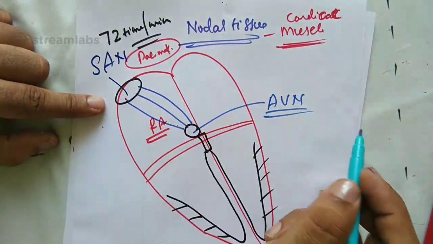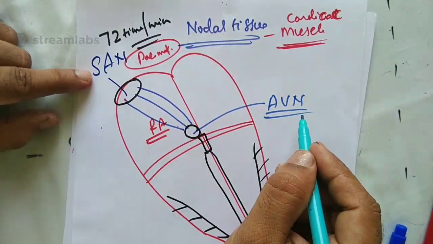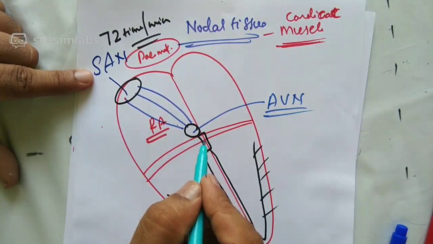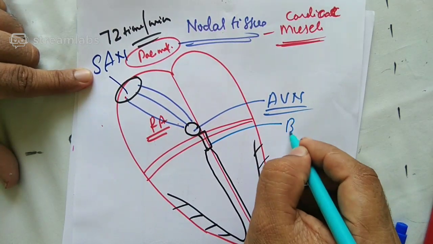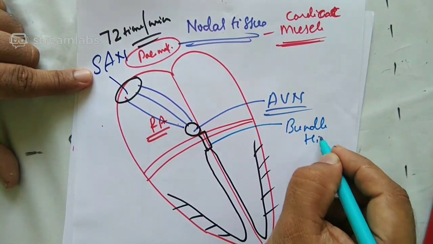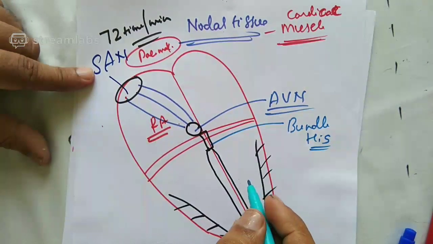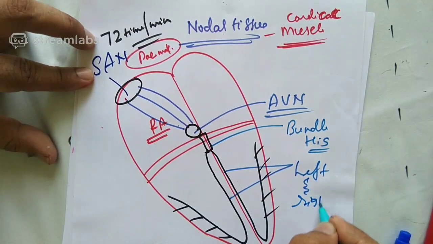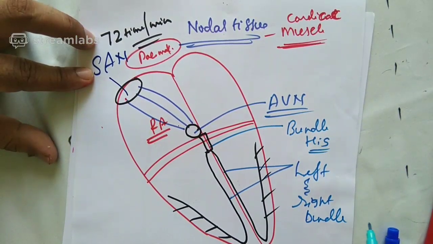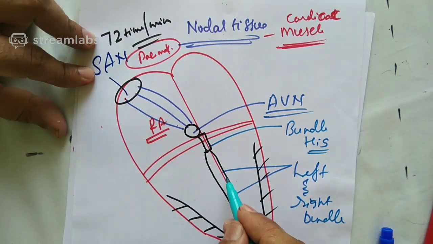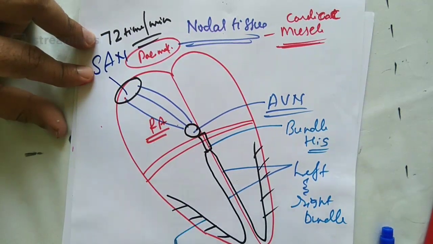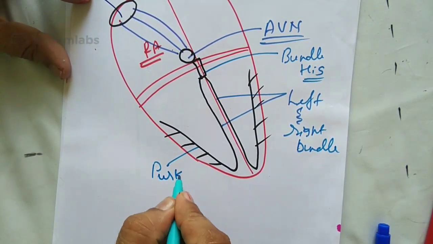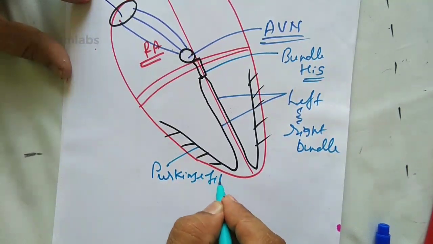There are 2 nodal tissues over there, SAN and AVN. Sinoatrial node, atrioventricular node. This atrioventricular node will propagate the waves to the next portion called bundle of His. Bundle of His will divide into left and right bundle, and left and right bundle will divide and ultimately end with the fibers called, tell me, yes, Purkinje fibers.